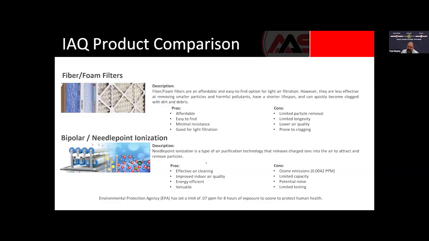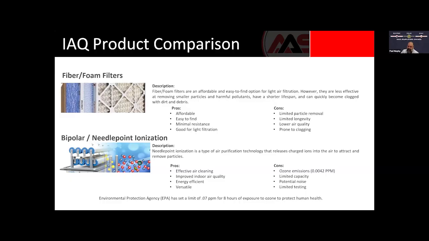Another thing we see out in commercial buildings a lot is bipolar or needlepoint ionization. Basically, this sends negative ions out into the air, causes particles to clump together. That is good because it makes the particles in the air bigger. Anytime you make those particles bigger, the first thing that happens is they fall down to the floor where they can be cleaned up when you vacuum or mop.